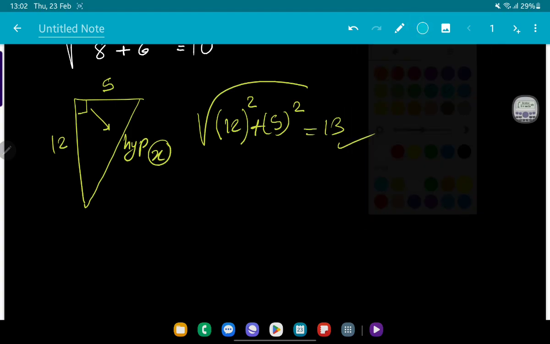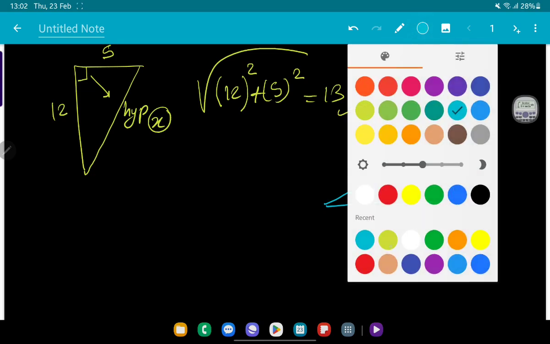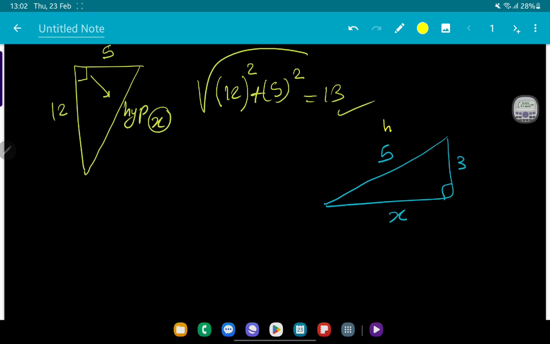But if the example is giving you the hypotenuse, for example, this is 5 and this is 3, and one of the two legs is missing, for example, this is x. How to find this x? Can you note that you have the hypotenuse here?